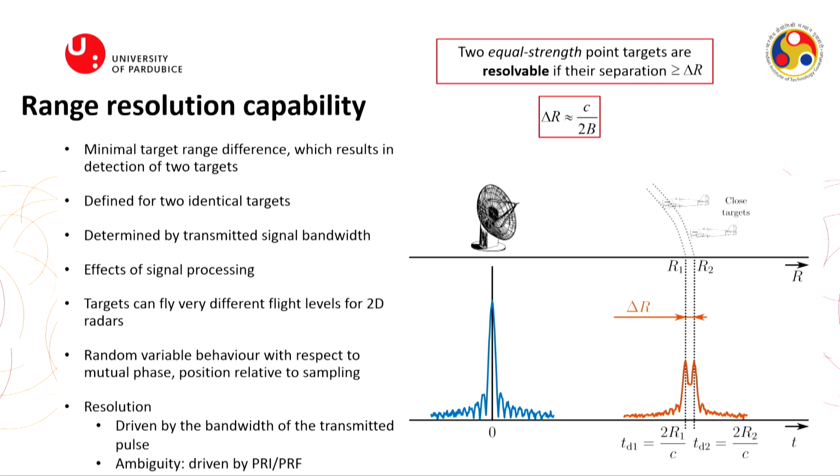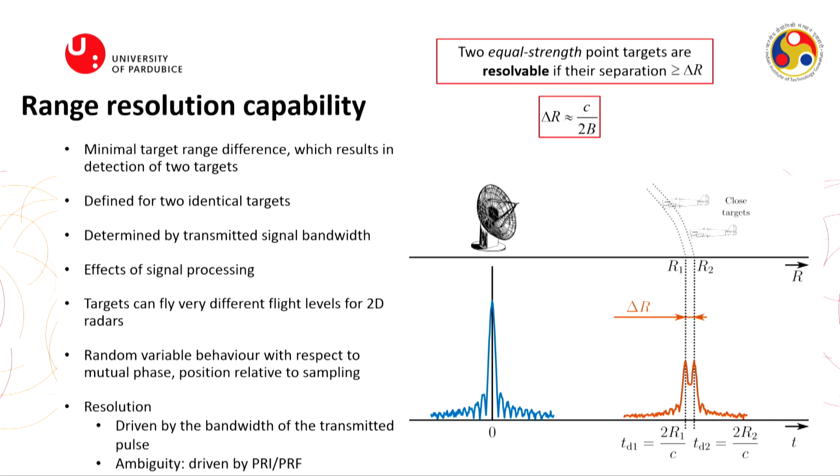You can see that this is slant range. It is like on a circle, so it does not depend if the target is, I don't know, there. It is still the same slant range. And for resolution, these are very close targets, distance R1 and R2, and this is my resolution.